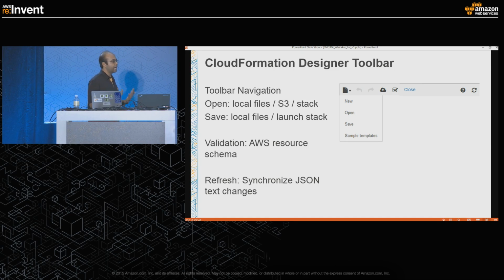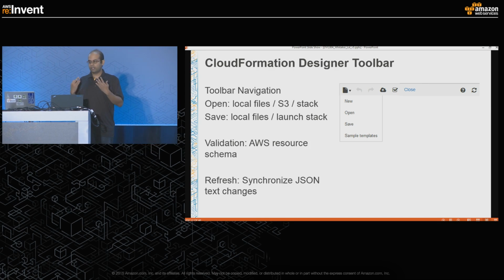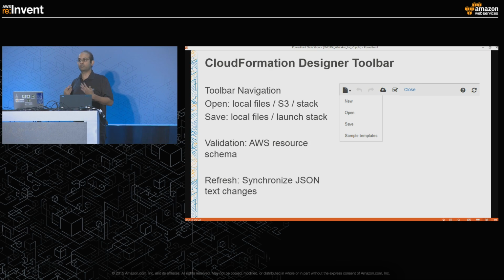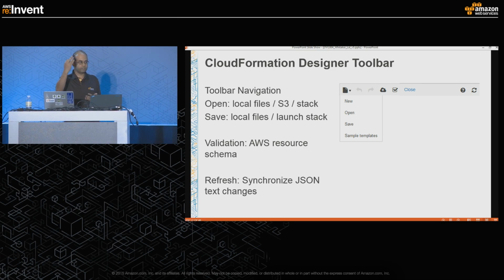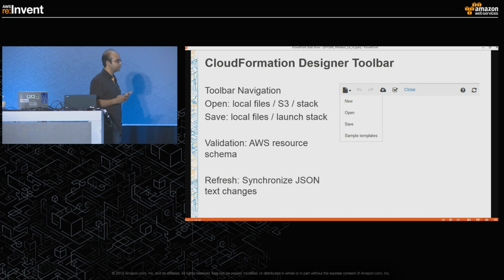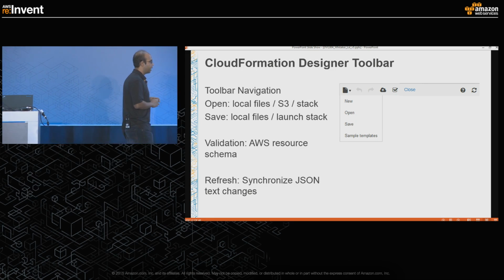You saw the toolbar navigation. This is where you're going to open files, save files. You're going to do validation of your template, both from schema validation when you send it to the service, as well as the refresh on the right, which validates whether the component level JSON meets the basic requirements.